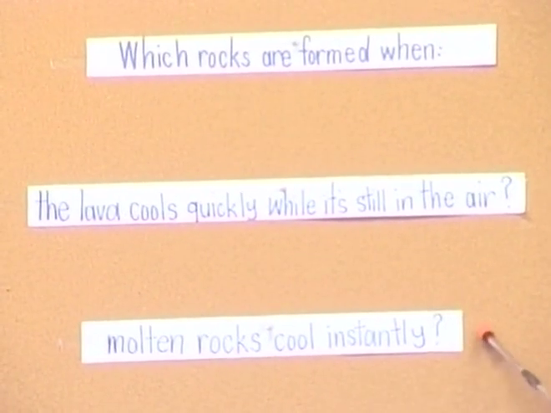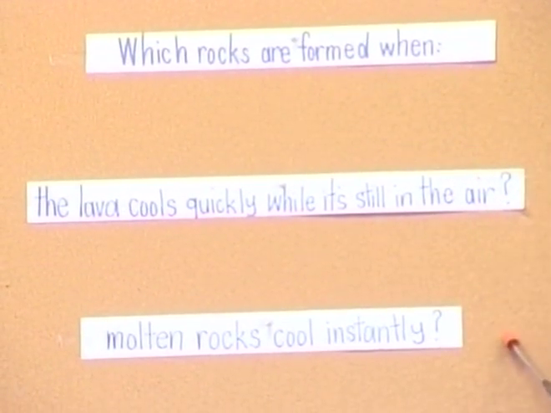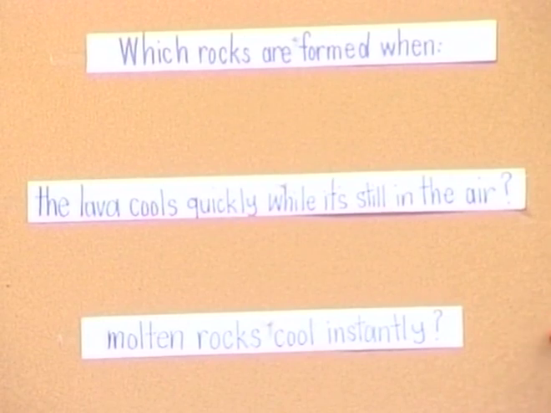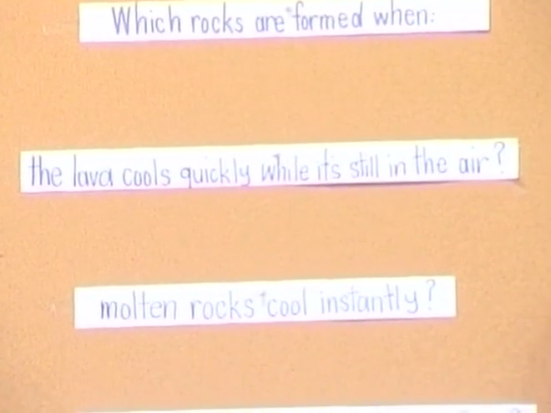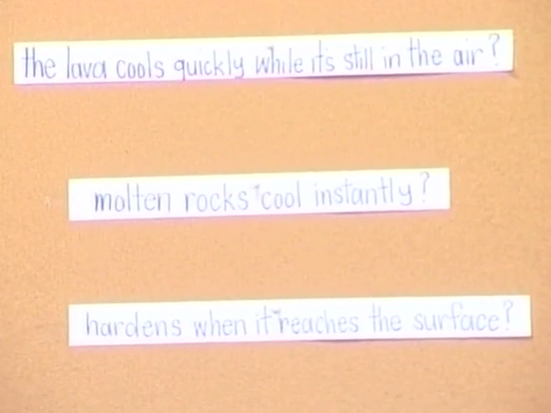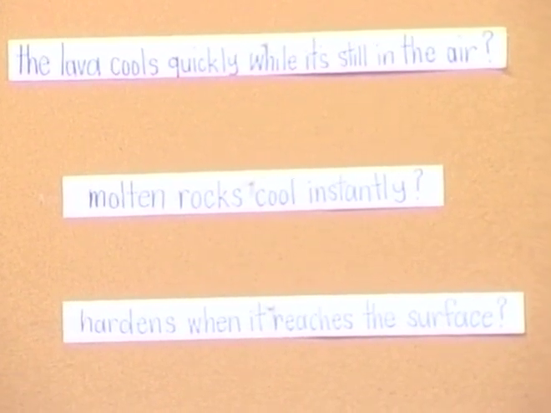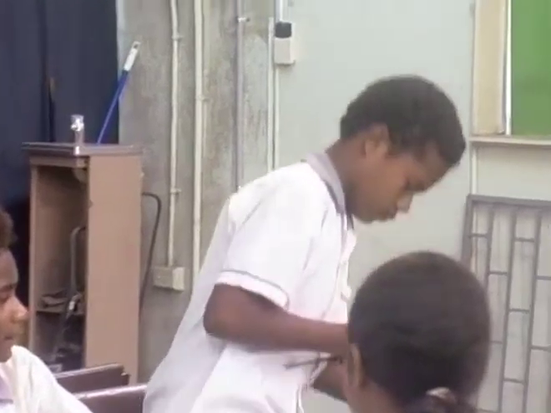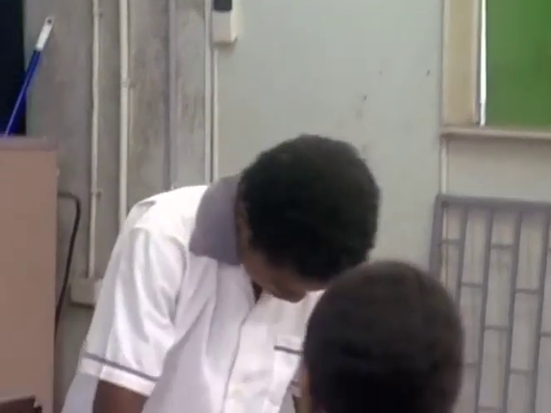Now the next one. Which rocks are formed when molten rocks cool instantly? Let's have Manadai. Obsidian rock. Very good, thank you.